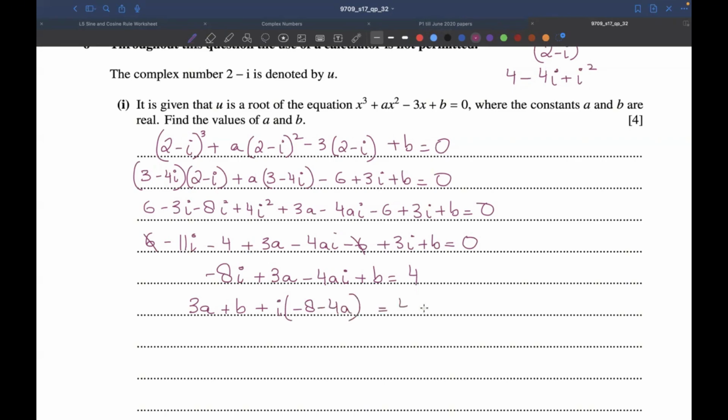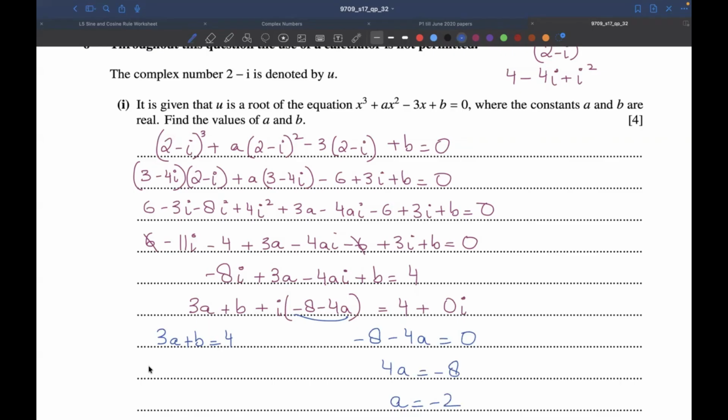Now on the right hand side, we have a real term 4 and we don't have a complex term, so we can write it as 0i. So now if we compare, we'll get 3a plus b is equal to 4 and -8 minus 4a is equal to 0. So 4a will be equal to -8 and a will be equal to -2.